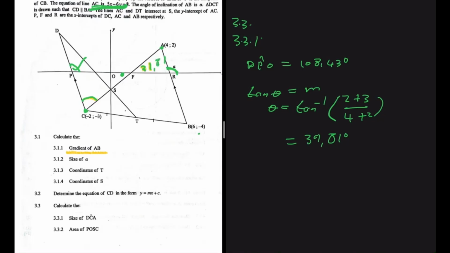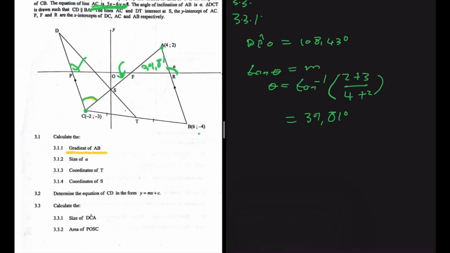So this angle here should also be equal to 39.81. That's what the calculator says.